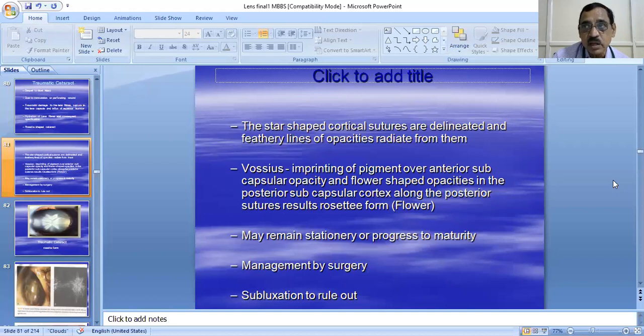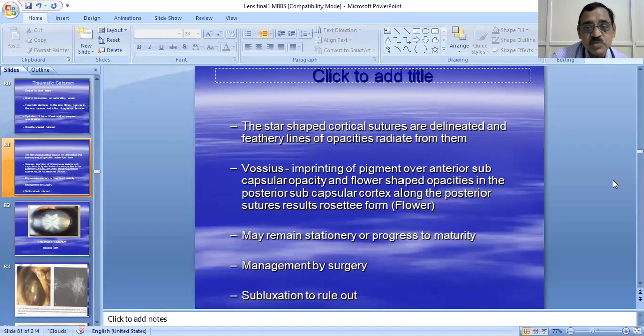The pupil will be constricted initially, and after some time the pupil dilates and attains traumatic mydriasis. Flower-shaped opacities in the posterior subcapsular cataract along with posterior sutures result in a rosette or flower form. So it can be an anterior rosette or a posterior rosette. It may remain stationary or progress to maturity in some cases.